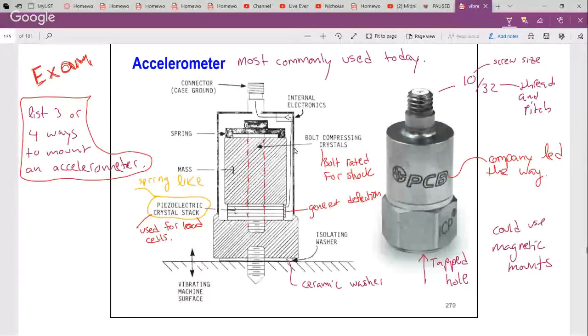All right. So there's some internal electronics that takes care of that conversion. In your lab one experience with accelerometers, you had an accelerometer on a beam with a cable to a small blue box.